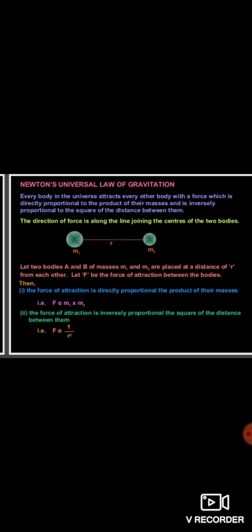Newton's universal law of gravitation states that every body in the universe attracts every other body with a force which is directly proportional to the product of their masses and is inversely proportional to the square of the distance between them.